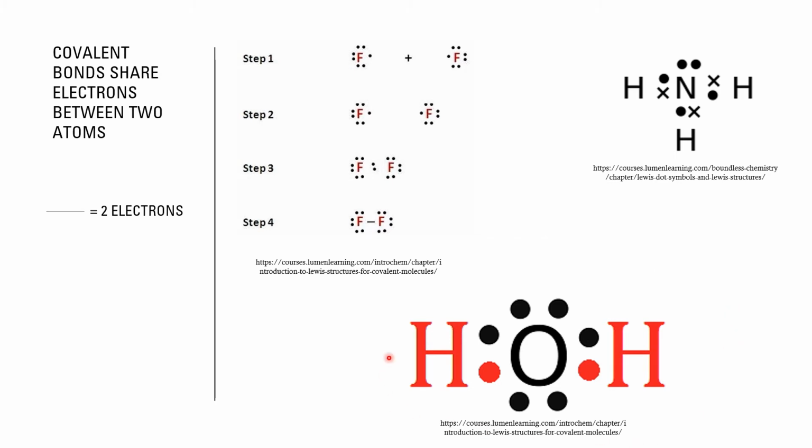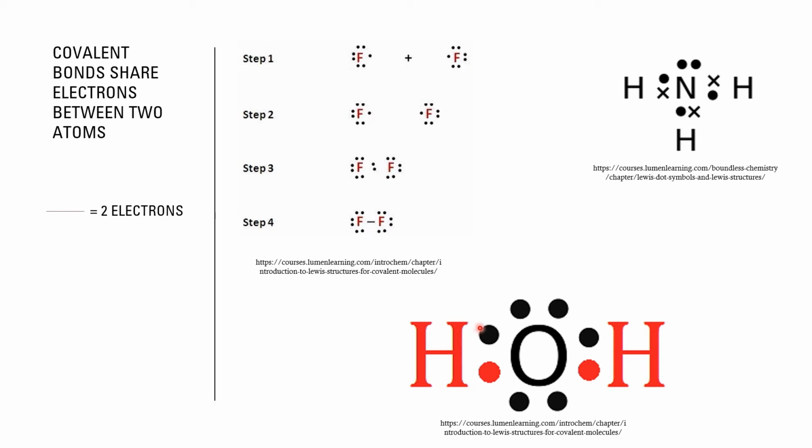In the example down here, I have water. Now, oxygen starts with its 6 electrons, which have been colored in black because it has 6 valence electrons. And the hydrogen only has 1 valence electron that it works with. So what happens is that the oxygen can make bonds with 2 hydrogens, meaning that the electrons are being shared.